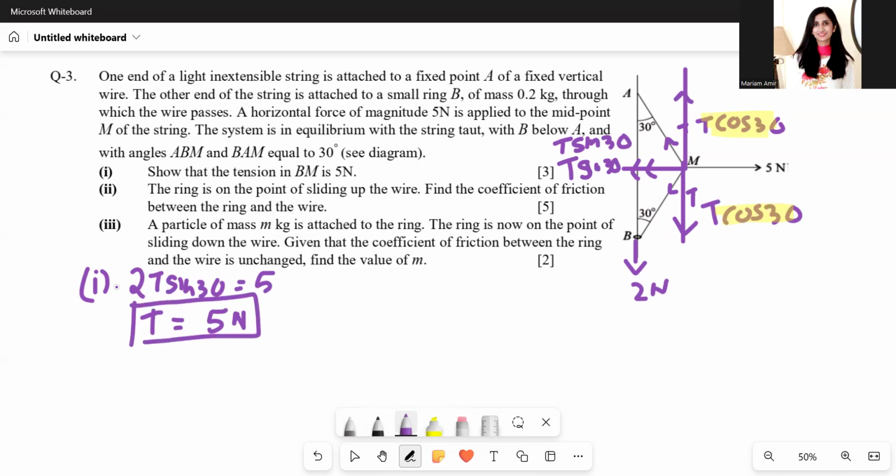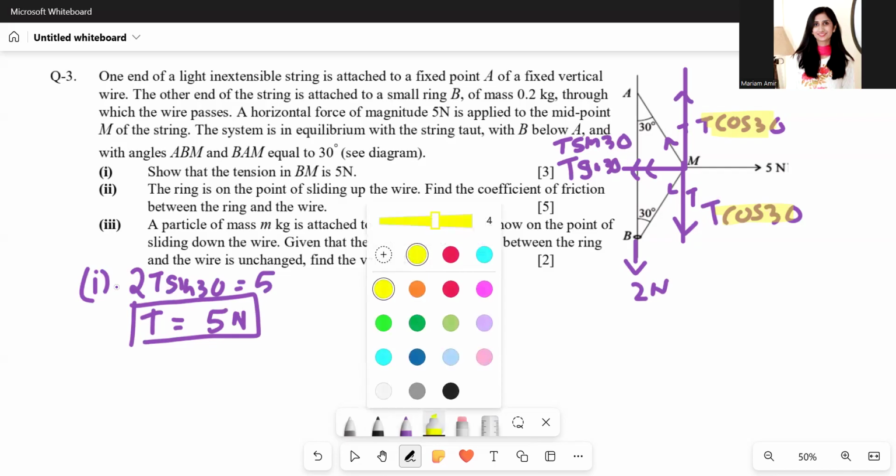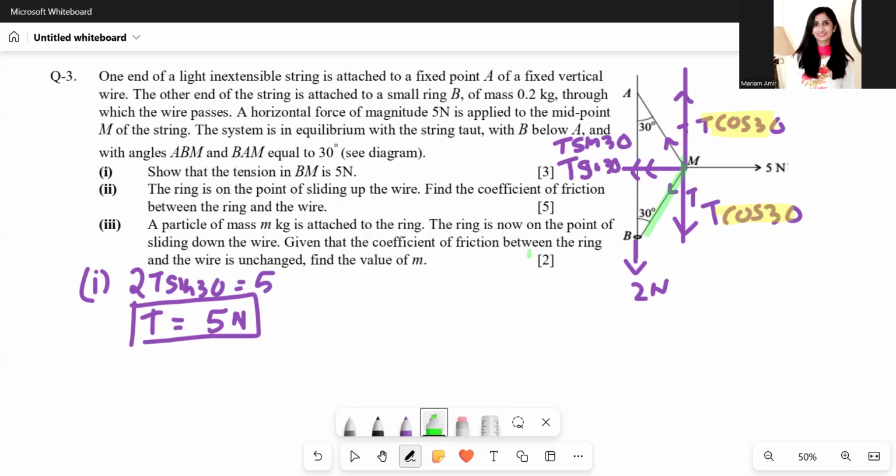The tension in the string BM is 5 Newton and it's going to be the same in this and this direction because it's an isosceles triangle being made between A, B, and M. Part 2: the ring is on the point of sliding up the wire.